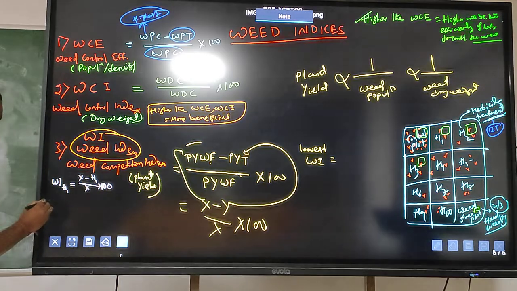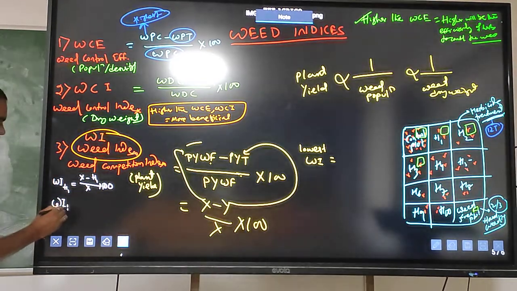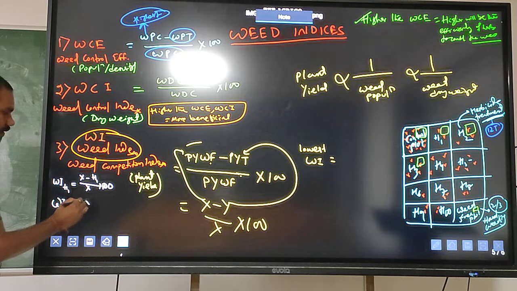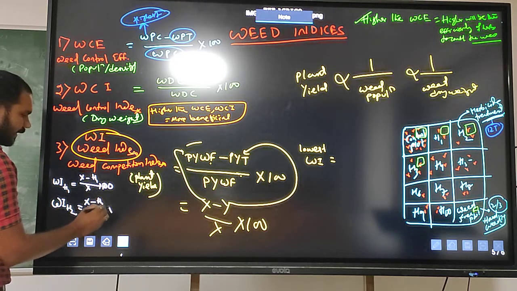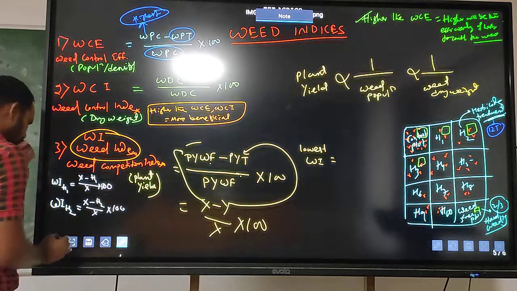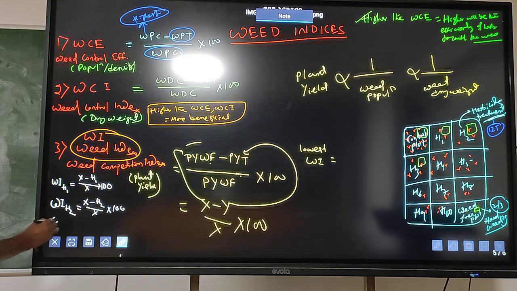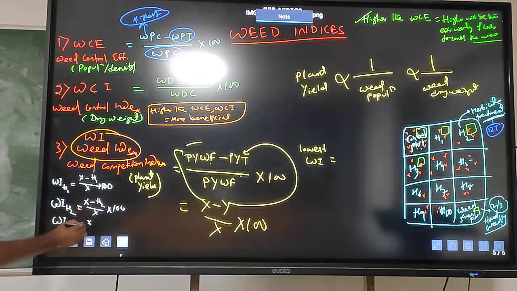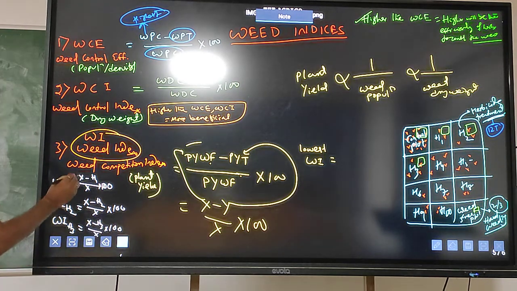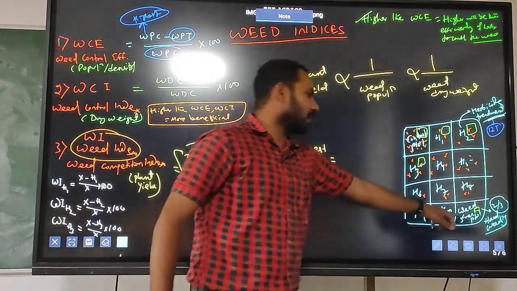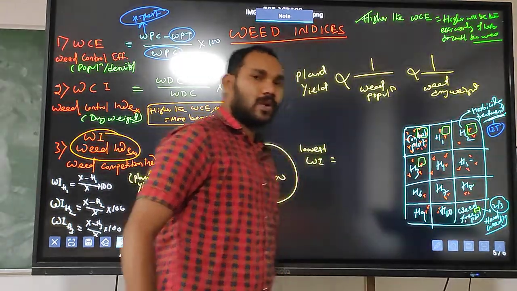For herbicide 2, the weed index is also (x minus h2) divided by x into 100. For herbicide 3, it will be (x minus h3) divided by x into 100. Here x means the yield from the weed-free plot.